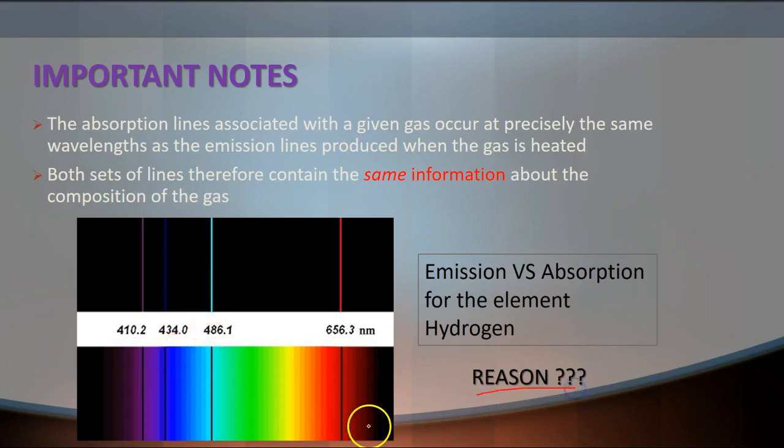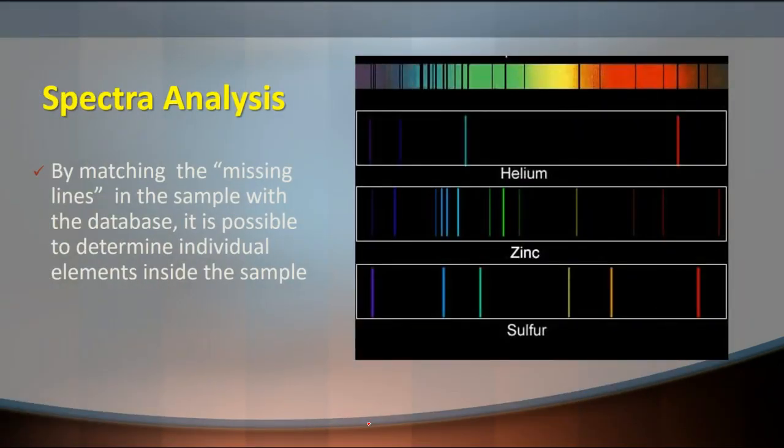The reason for it, perhaps you can think for a moment: why is that so? We shall discuss that more in the class. As I said, if you match these lines, for example, I have one sample here, what kind of element is present in the gas? I can tell you for sure helium will be present, because when you match it, you will have these lines here. This is a spectral analysis.